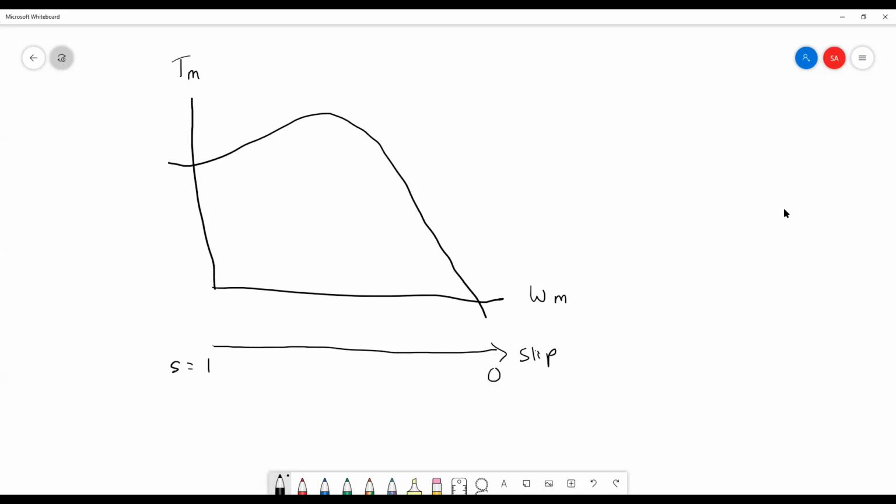The speed of the motor here is 0 radian per second, and here your motor speed is equal to omega_s. So when torque is 0, the speed of the motor is equal to your synchronous speed.